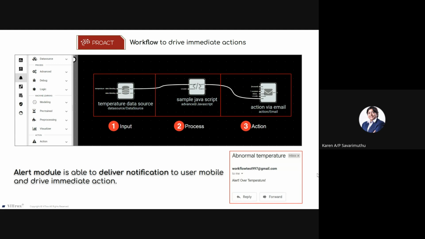Before it reaches 35 point something, you can actually start to trigger. That is the process that you can draw out here. That means you can define what is your acceptable or non-acceptable threshold, and thereafter you can create an action item. In this manner, you can eliminate a lot of unwanted issues.